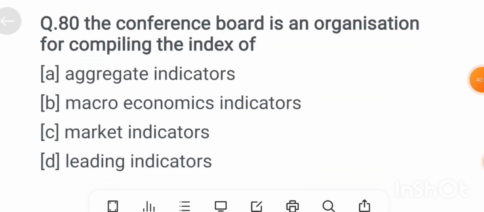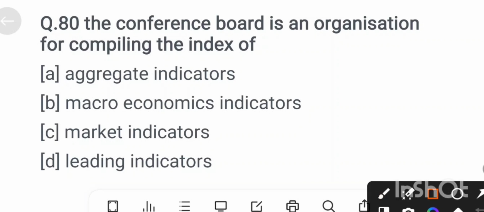The Conference Board is the organization for compiling the index of: option A, aggregate indicator; option B, macroeconomic indicator; option C, market indicator; option D, leading indicator. Correct answer is option D, leading indicator.